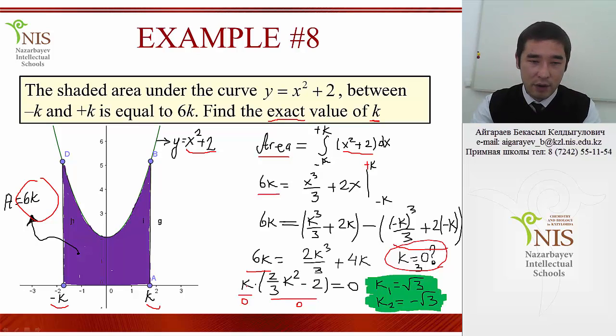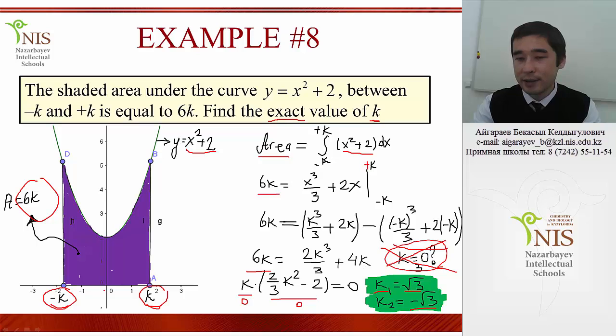If k is 0, we put 0 here and get area 0, but the area cannot be 0 in this example. So the root k equal to 0 is not correct, and we don't take that. We take k equal to square root of 3 and minus square root of 3.